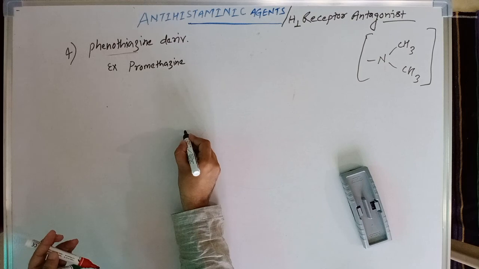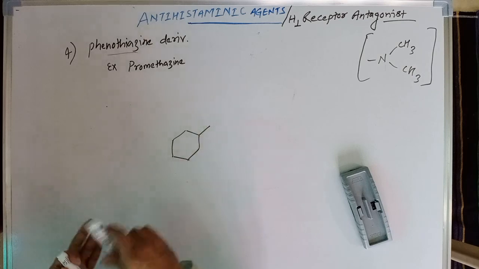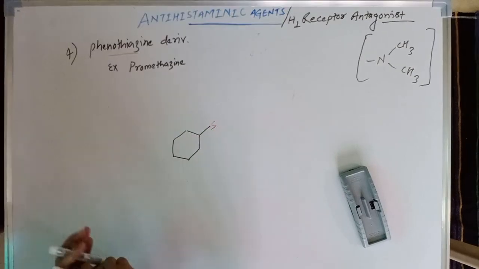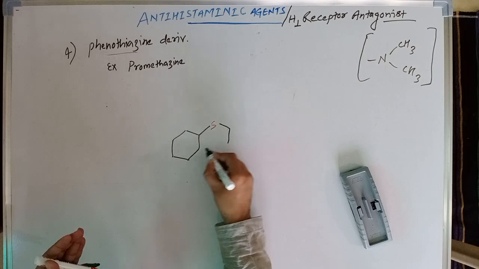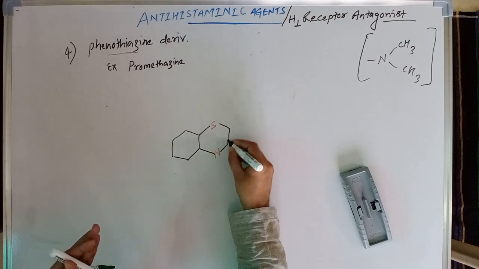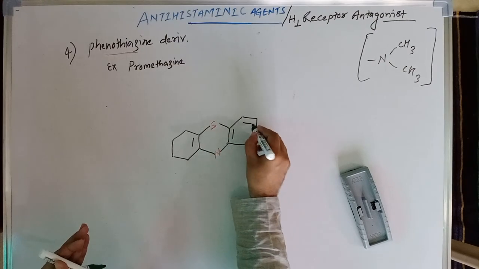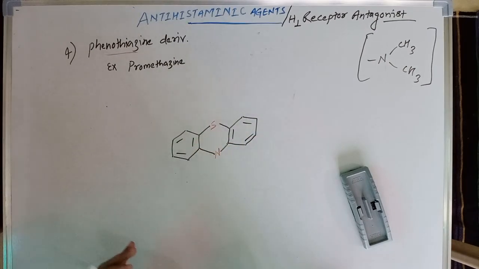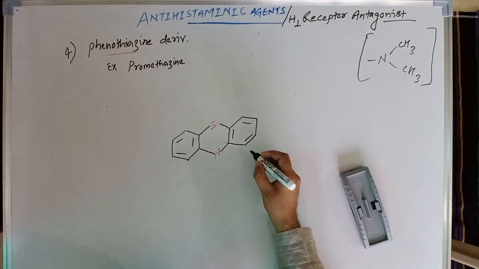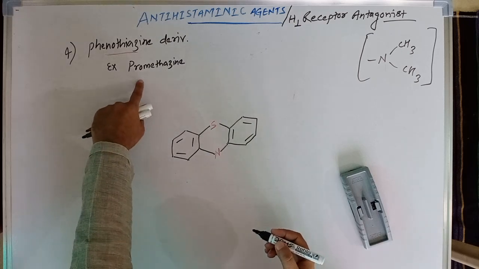So this is your phenothiazine, and the numbering of phenothiazine begins from this position: 1, 2, 3, 4. I have already covered this in my third lecture. Now, phenothiazine has the example of promethazine.